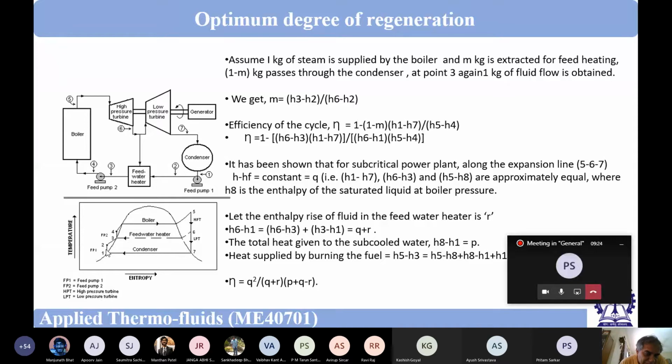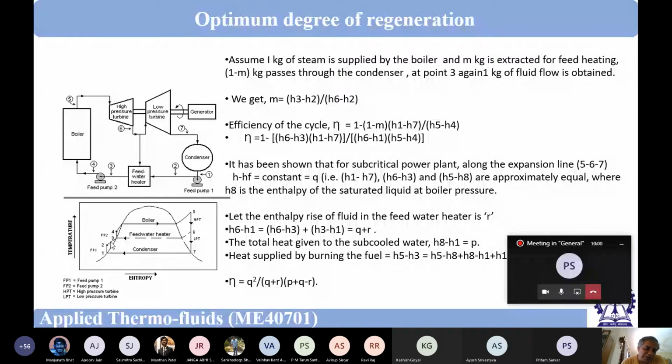Here if we see the cycle, then 2 to 3 is our heating in the feed water heater, and 4 to, here there is no number here, but let us assume there is a number called 8, which I have mentioned in the write-up. So 4 to 8 is the heating in the economizer. That means within the boiler, burning fuel. And 2 to 3 is the heating in the feed water heater by mixing with the steam that has been extracted from the turbine.